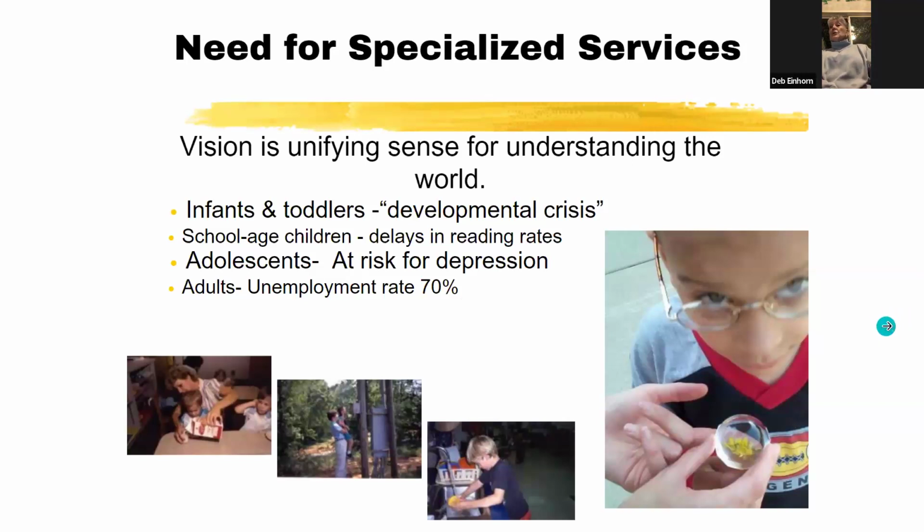For school-age children, it involves delays in reading rates because they can't see their materials. Adolescents with visual impairments are at a greater risk for depression. And for adults with vision issues, it affects their employment rate. They are unemployed at a higher rate.